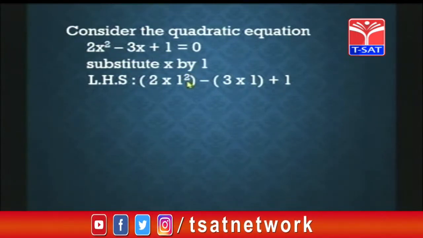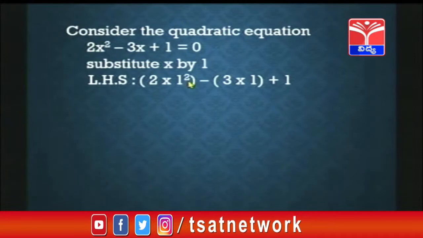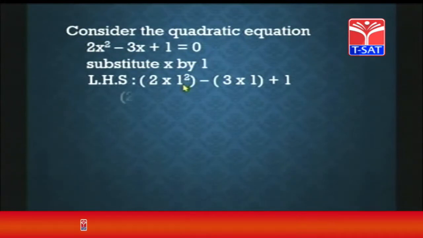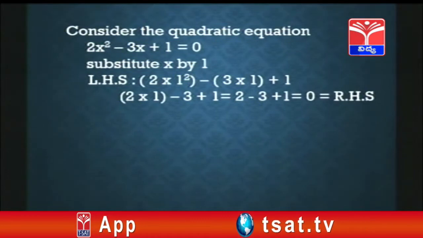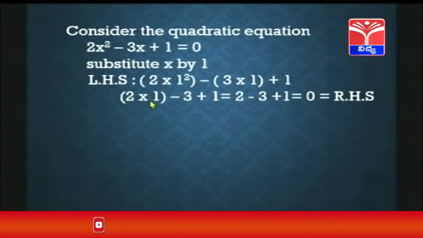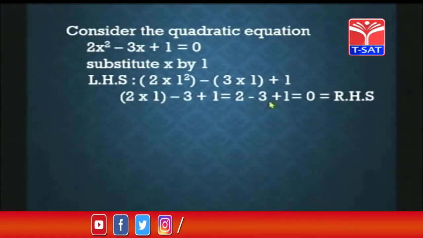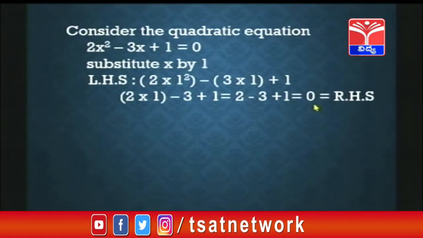Now, we all know 1 square is 1. So, what are we getting here? 2 into 1 square gives me 2 into 1, minus 3 into 1 gives me 3 and plus 1. So 2 1s are 2, 2 minus 3 gives me minus 1, minus 1 plus 1 gives me 0, which is my right hand side.